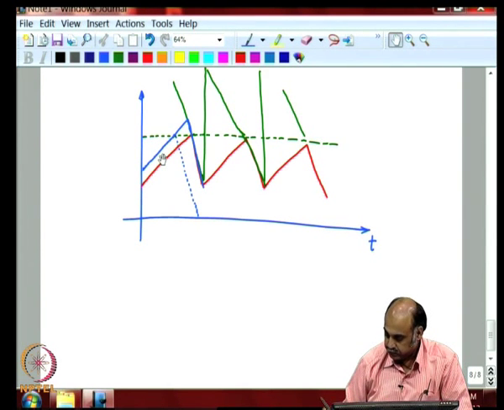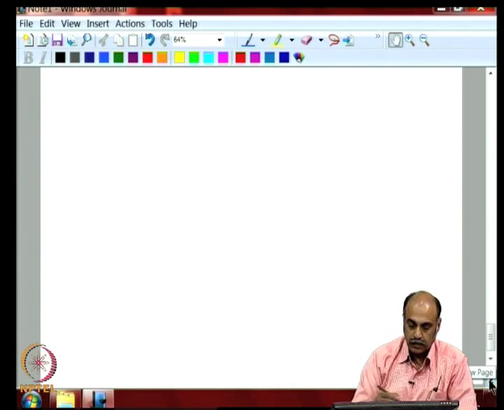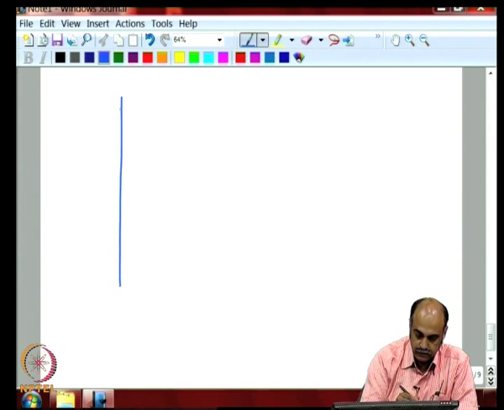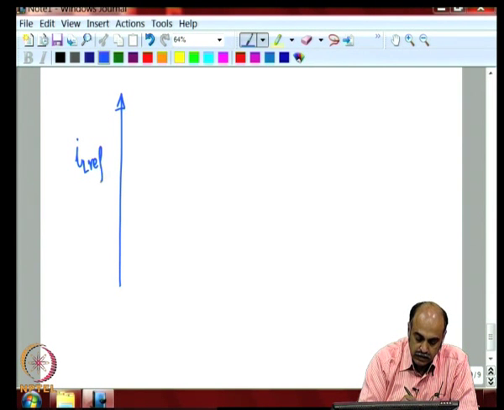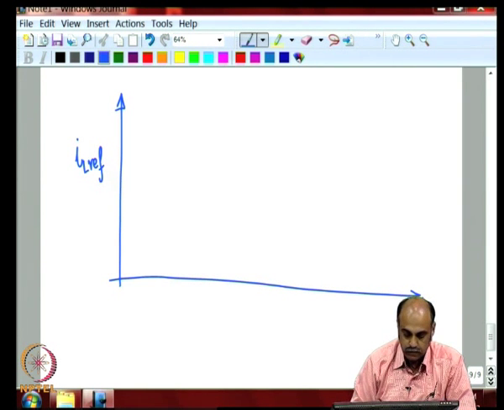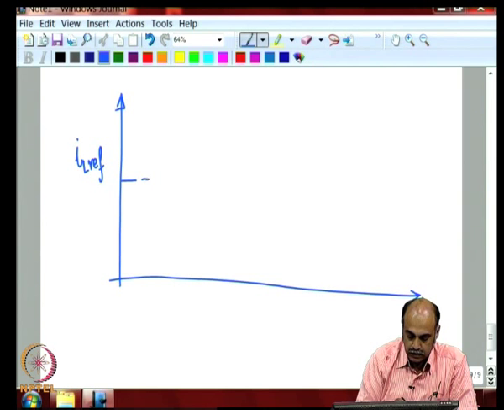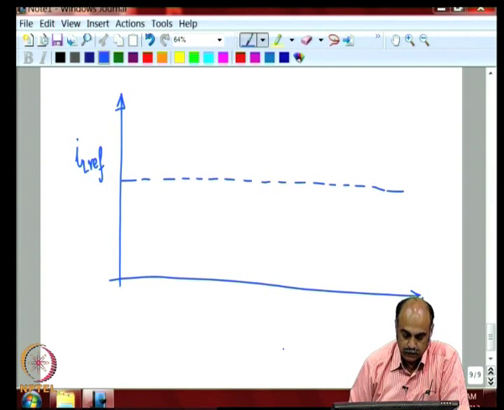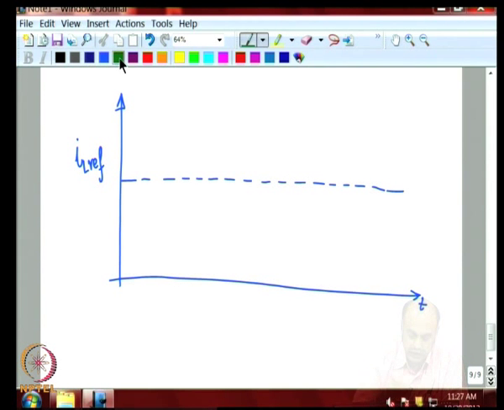So, therefore, the reference IL reference, instead of being just a DC like this, it is now modified to be in this fashion.